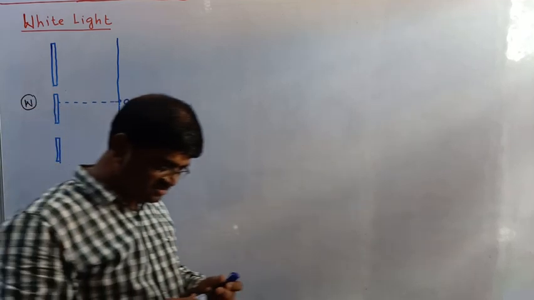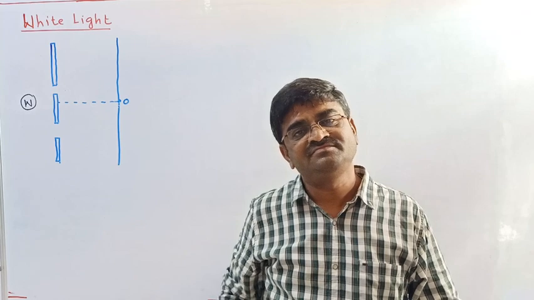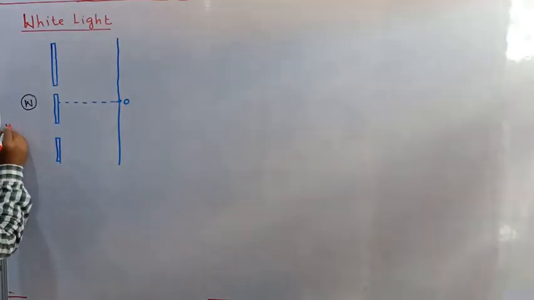So there are 7 different wavelengths in the white light, in the order of VIBGYOR.